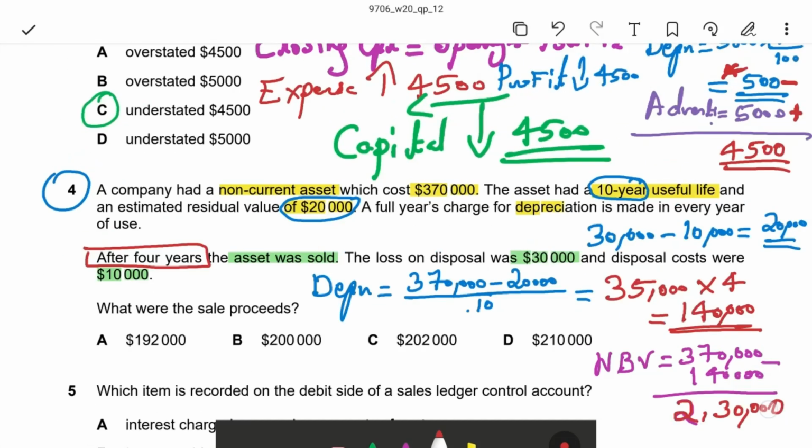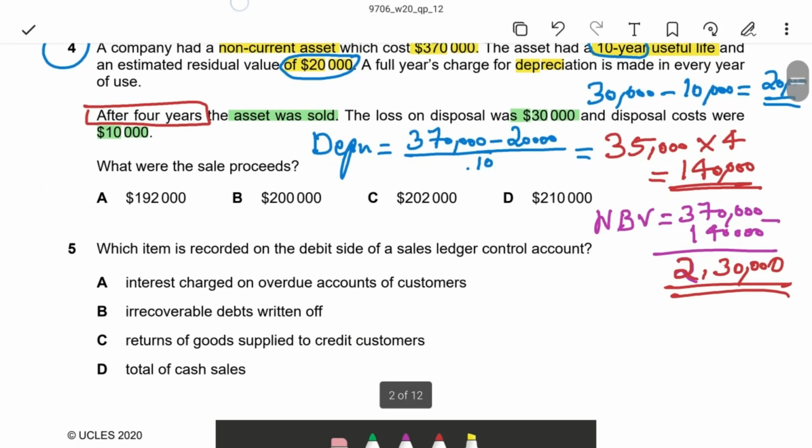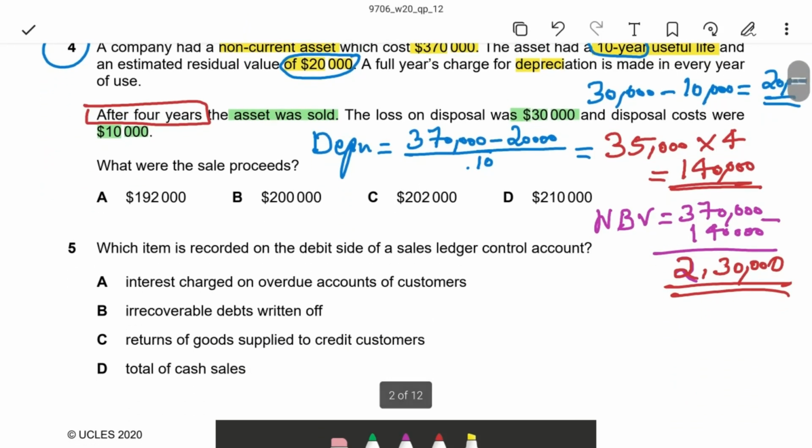2,30,000 is the amount after we deducted the depreciation from net book value. So we have to find the selling price.